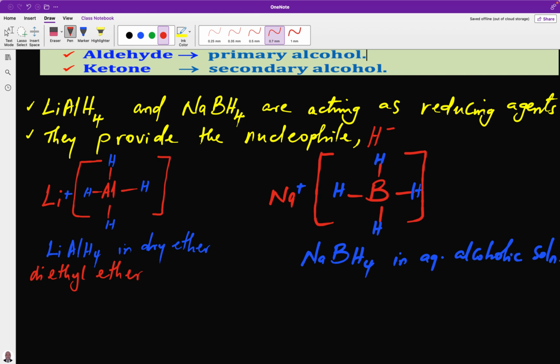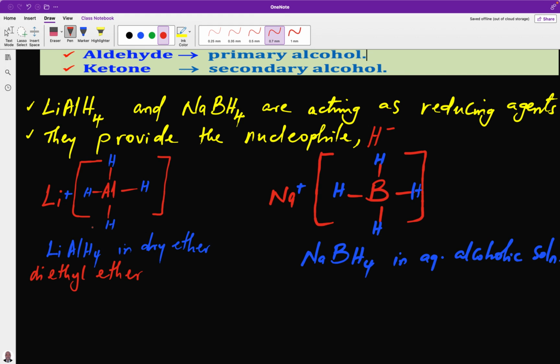It is a more powerful reducing agent than NaBH4, and this powerful reducing agent reacts vigorously.